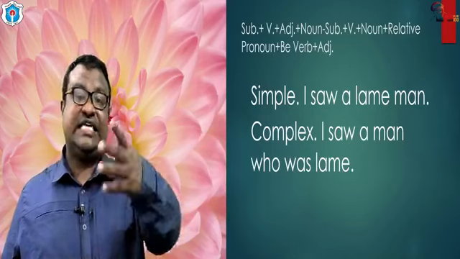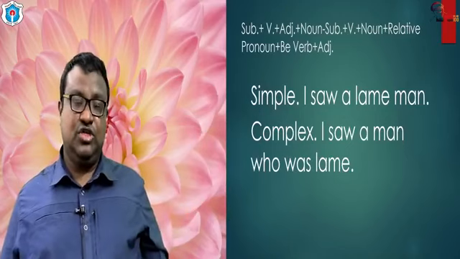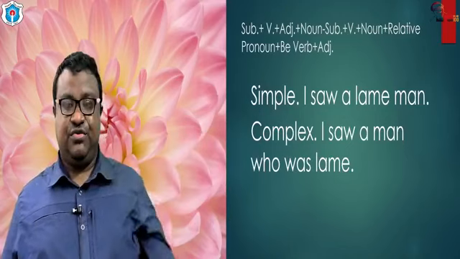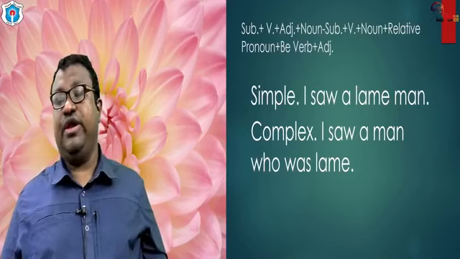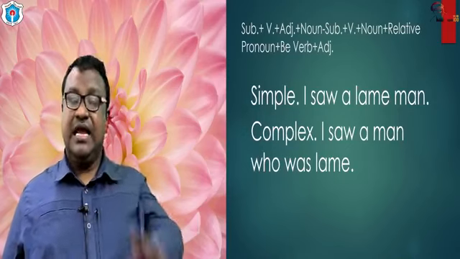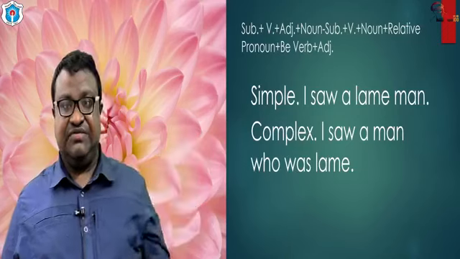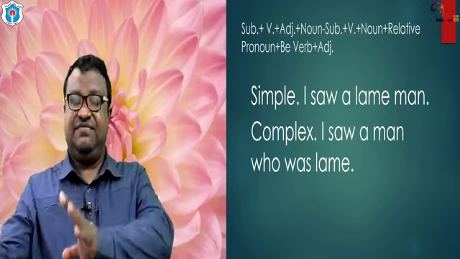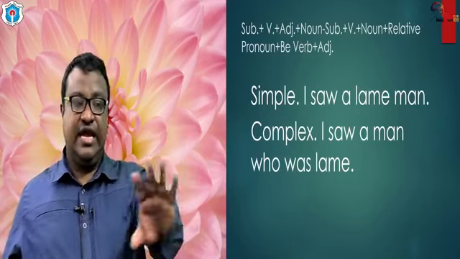In which cases will we use the adjective with verb to be, and in which cases are we going to use verb to have? Let's think about the example given in the slide and the example I have said just now. I saw a lame man.